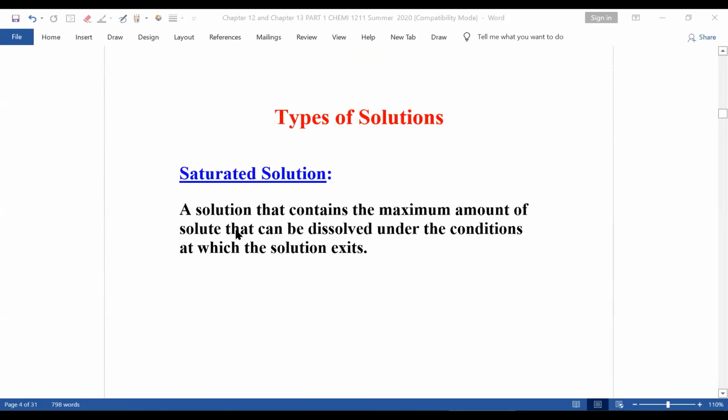All right, switch is on now. There are a couple definitions I would like you to know. The first one is saturated solution. A saturated solution contains the maximum amount of solute that can be dissolved under the conditions in which the solution exists. In other words, when you have a saturated solution, you can't put one more molecule in because it will precipitate out and form a solid.